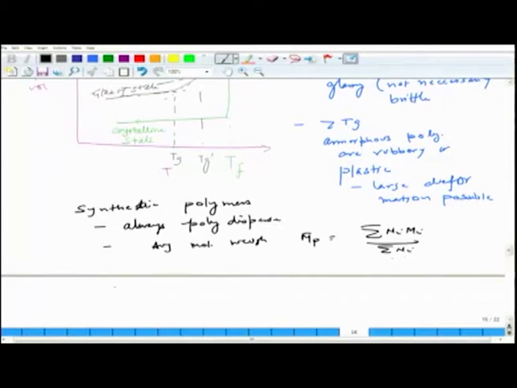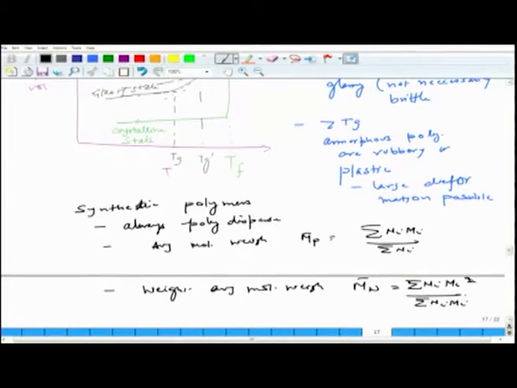Or you can consider the weight average molecular weight, which is going to be something like this: summation Ni Mi square divided by summation Ni Mi.